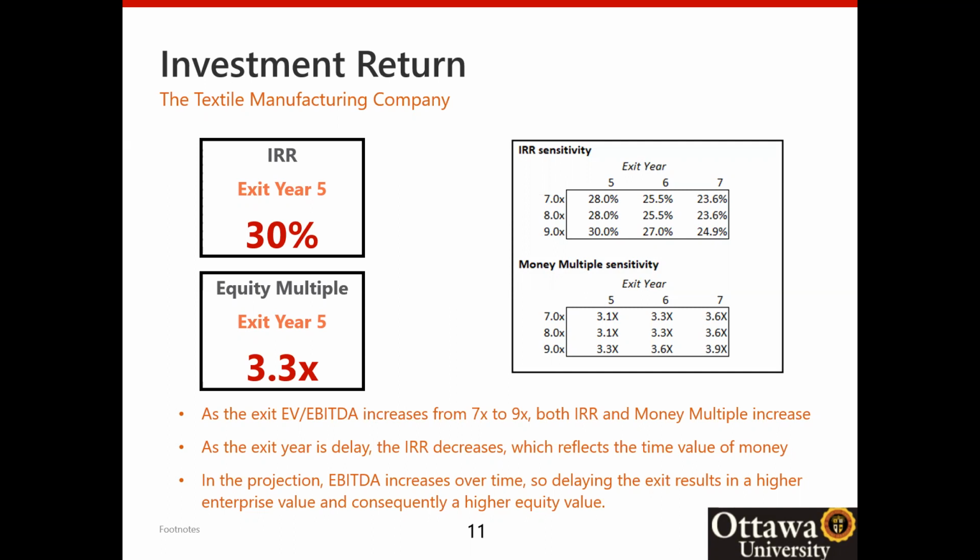Taking a look at the table on the right hand side is the sensitivity analysis for IRR and multiples. You can see that as the enterprise value to EBITDA multiple increases from 7 times to 9 times, both IRR and equity multiples increase, and you can see that the IRR decreases over the years.